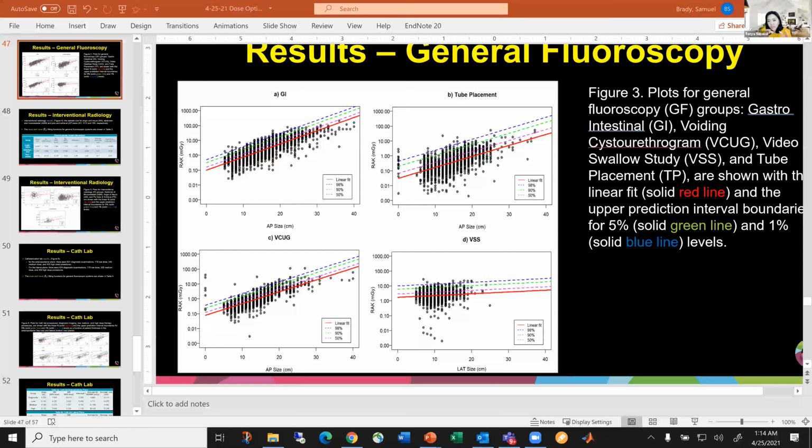So does it mean each vendor has a different unit? Generally, yes. So if you work in a hospital and you have a Siemens unit and a GE unit and a Canon, and you just go down the hallway, you may find that the CAP value is different in every room. Oh, okay.